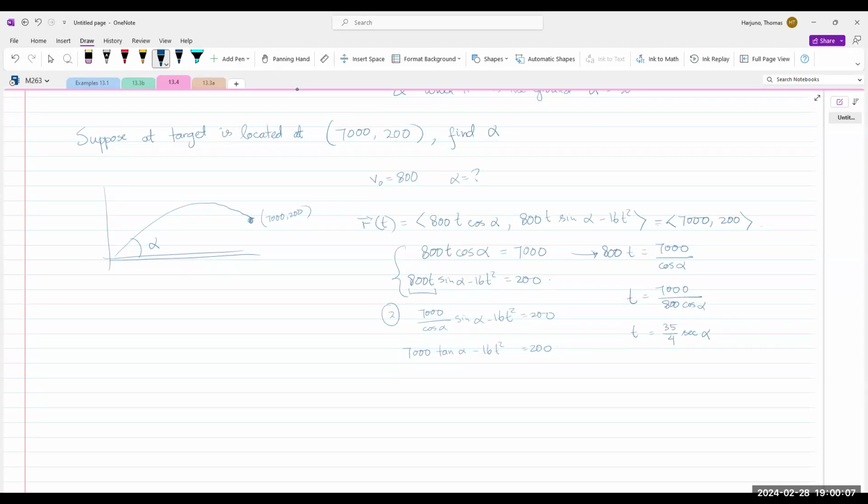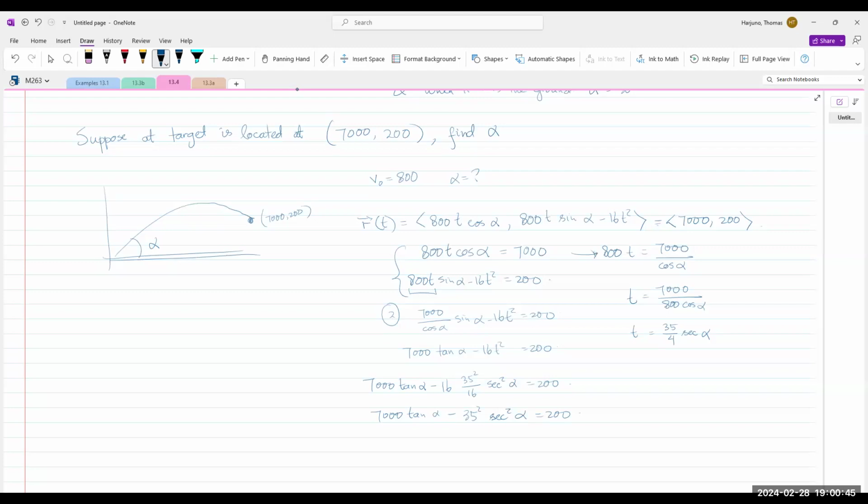Okay, so plugging that in: 7,000 tangent alpha minus 16 times 35 squared over 16 secant squared alpha equals 200. In other words, I need to find the angle such that this statement is true.